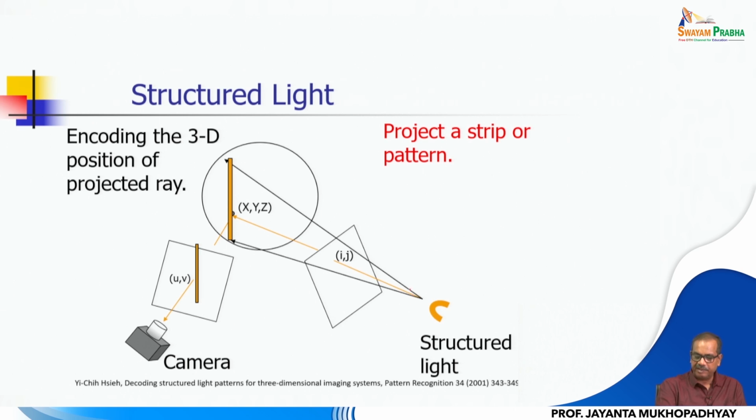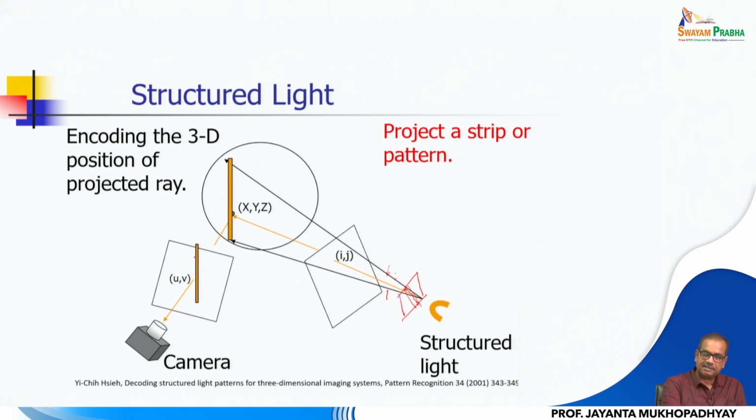Suppose in this light source, there is some collimator, a vertical slit, and the light is projected only along this slit. So the advantage, once again, is that you know the equations of these rays, because if you can calibrate this strip, then each point corresponds to one of these rays.